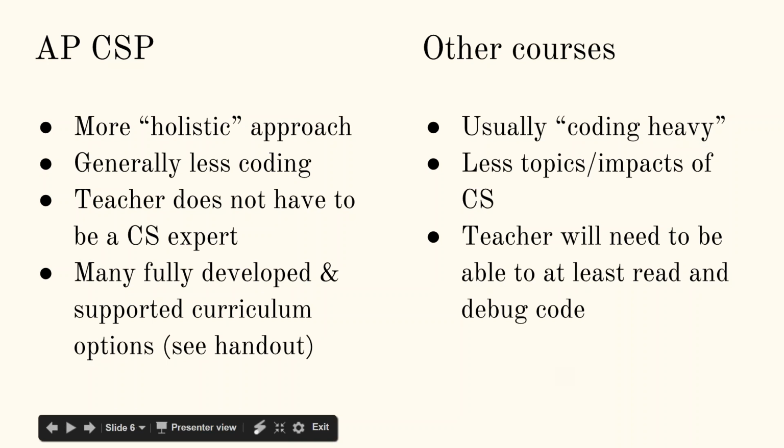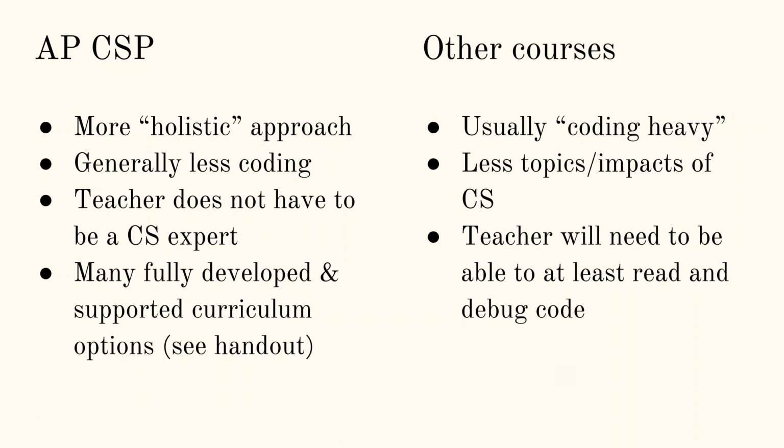So to speak at the introductory level, there's a big push right now for the Advanced Placement Computer Science Principles class, and then there's the other type of class. I don't really know a lot of specified classes here, but these are usually homegrown classes, which are more coding heavy. The Computer Science Principles class is a bit more holistic.